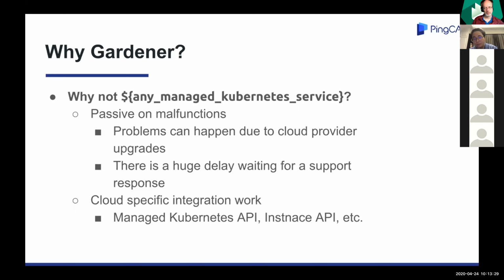But with Gardener, you get a unified API for all clouds and don't have to worry about so much specific integration work, because even though we just support GCP and AWS now, we are planning to support Ali Cloud and Azure in the future. So this is important for saving our development work.